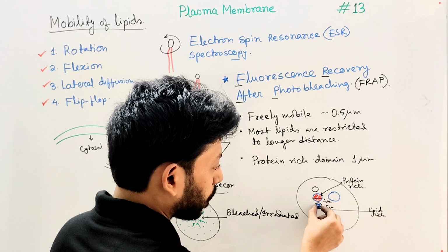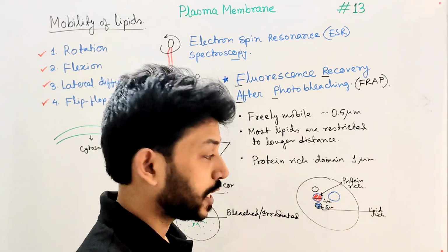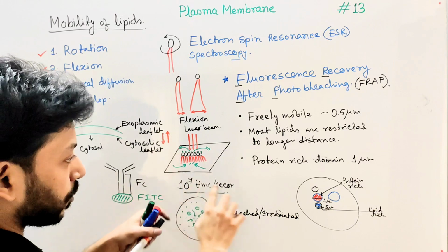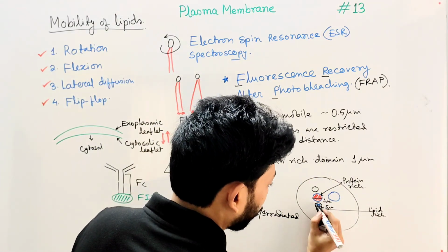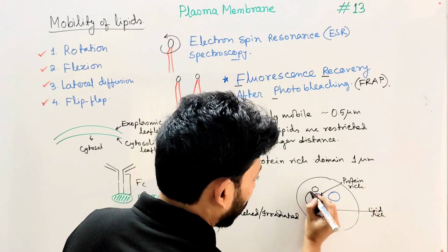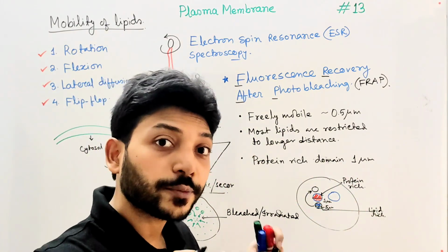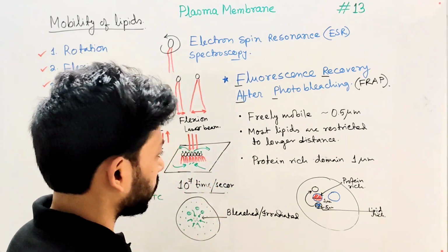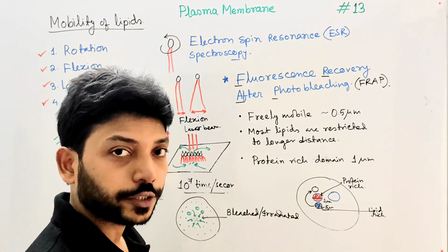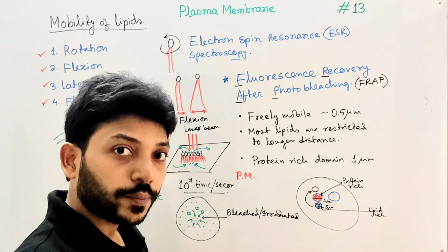They cannot diffuse from one lipid rich region to the other lipid rich region in a particular leaflet. This is not possible because the presence of this protein rich domain is preventing it. Now this is very important, the rate of lateral diffusion in case of plasma membrane, that means natural plasma membrane.